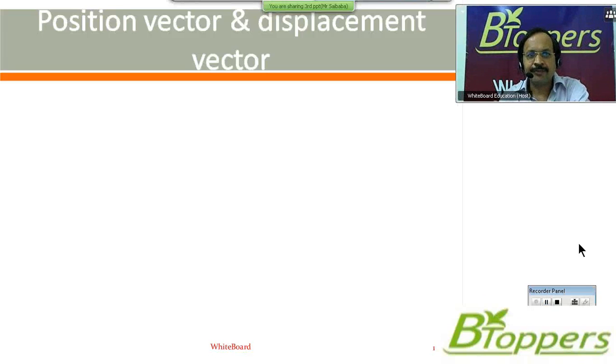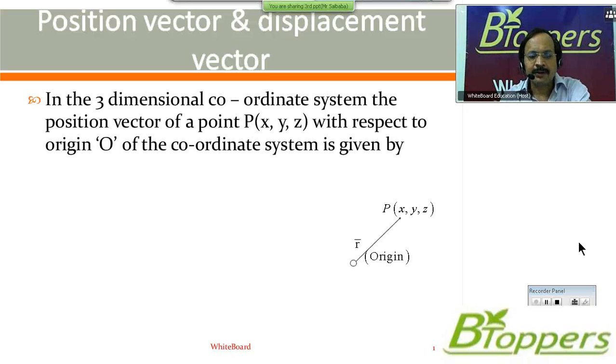So once we revise the earlier discussion about position vector and displacement vector. In a three-dimensional coordinate system, the position vector of a point P with coordinates x, y, z with respect to origin O of the coordinate system is given by OP bar equal to R bar, that can be written as i cap into x plus j cap into y plus k cap into z.